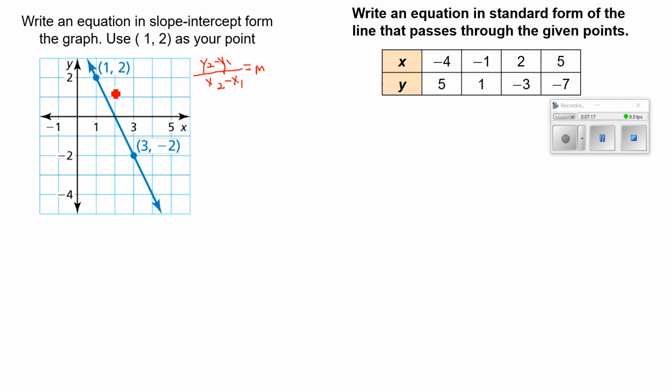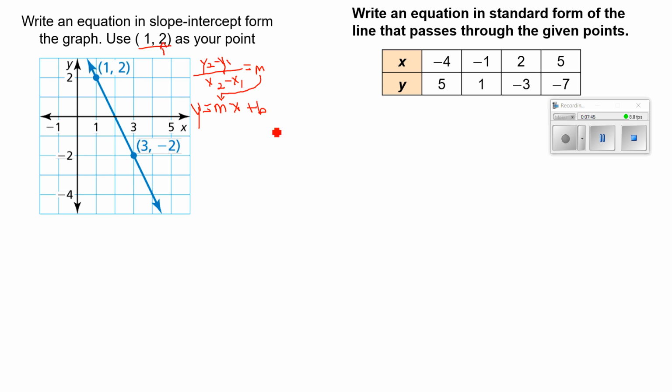Once they do that, then to put it in slope-intercept form, since they're making you use this, we could just go y equals mx plus b, right? And then we could just say that you're putting m right there. And then b, I imagine, I guess, is already 2, right?